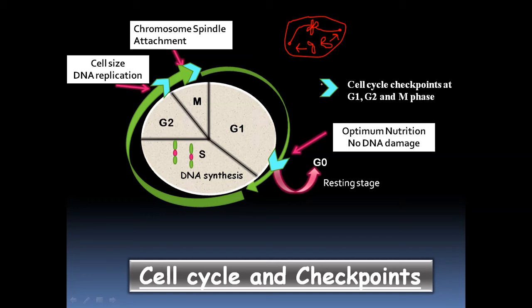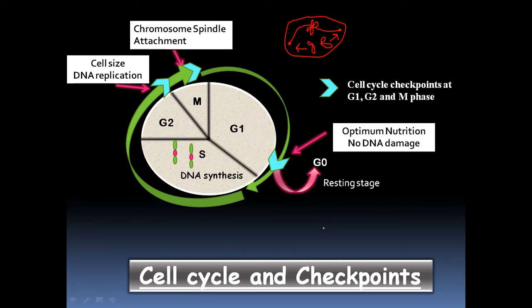So in a nutshell, these cell cycle checkpoints are keeping an eye on the proper division of the cell so that the genomes lying in the daughter cells are haploid, and equal segregation of chromosomes into the chromatids is there.